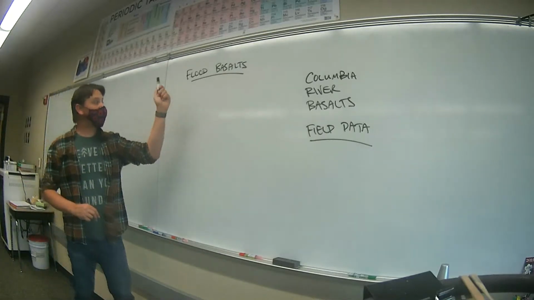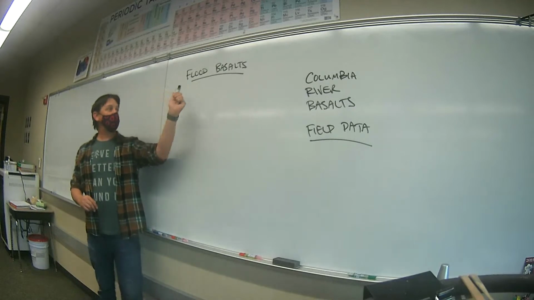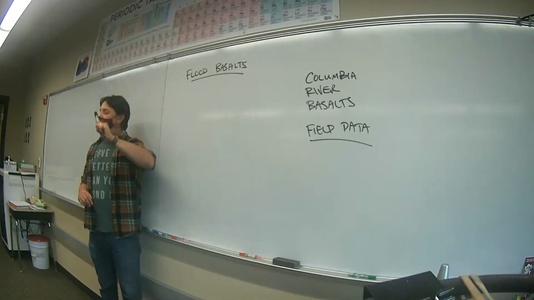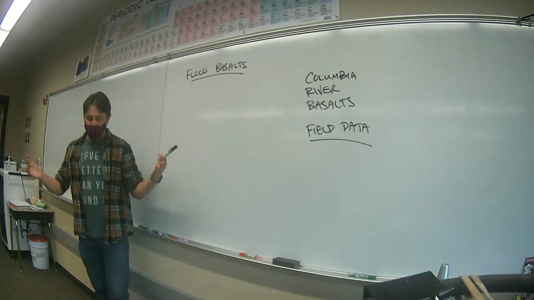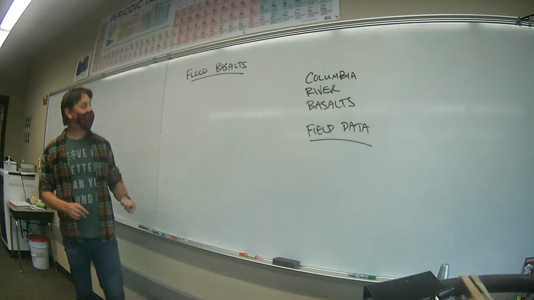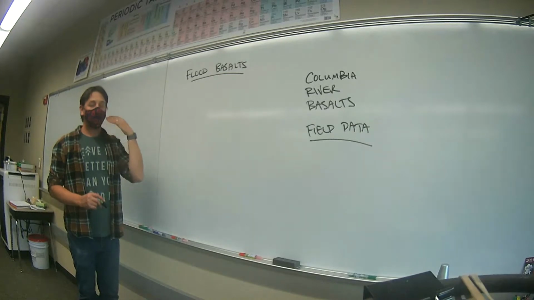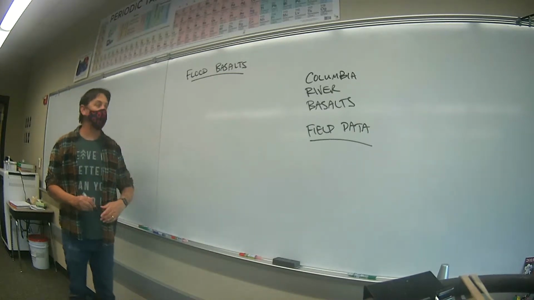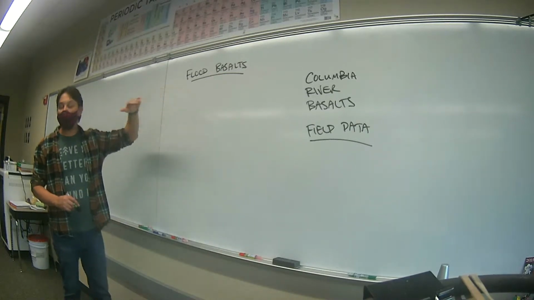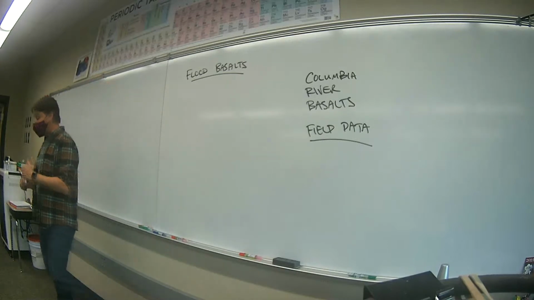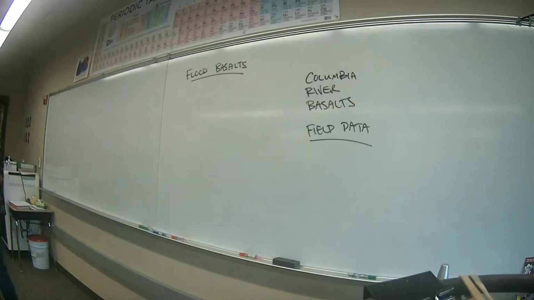These are flood basalts because basalt lava came in, filled in all the low ground, and covered everything. So flood, not like water, but like a water flood behaves. It's a flood of lava, red hot, orange hot lava.